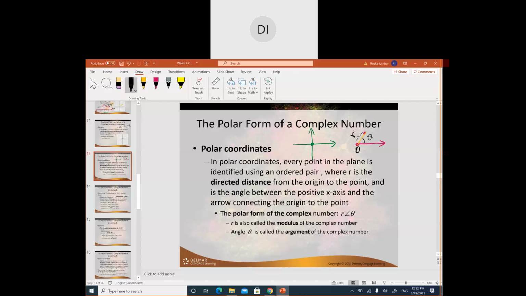And theta is the angle we have with the x-axis. Okay? So this is how the polar coordinates look.